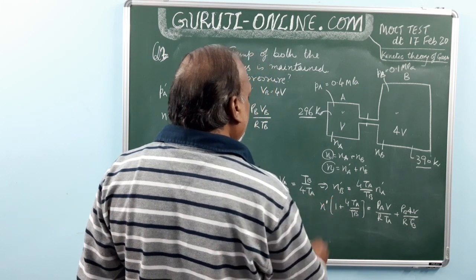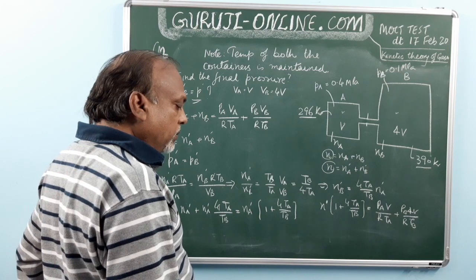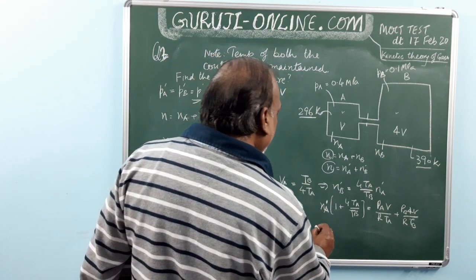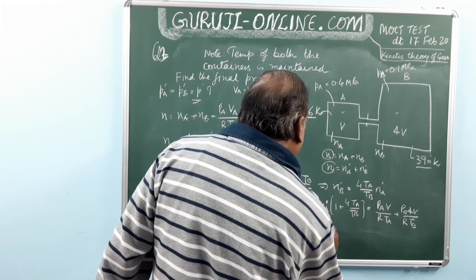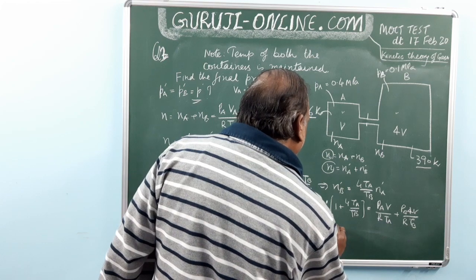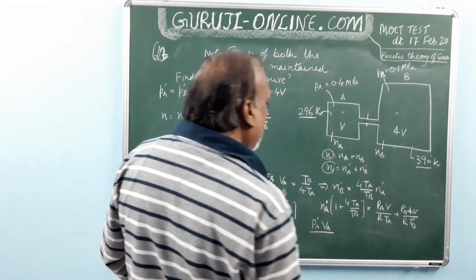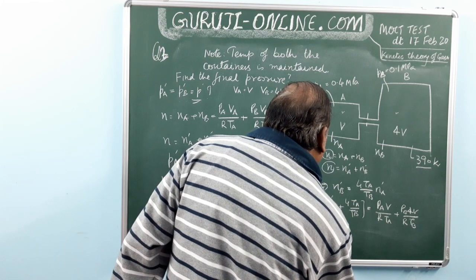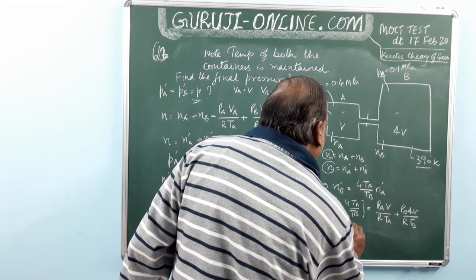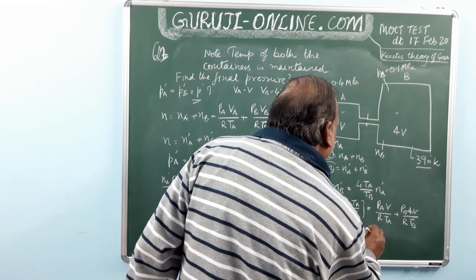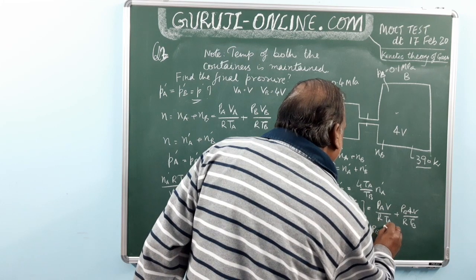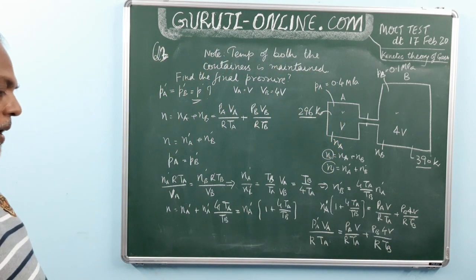Your N dash, we can write it as P dash A into Va upon R Ta, R Tb. Correct?